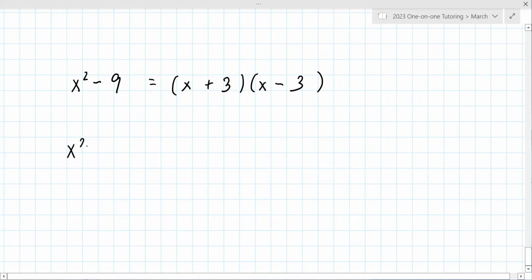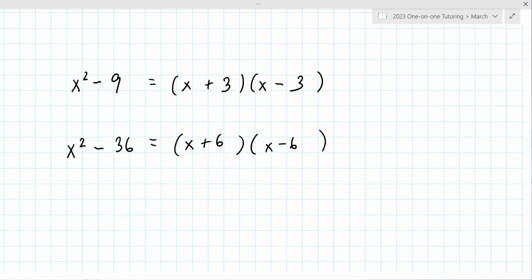How about x squared minus, I don't know, let's go 36. What goes in parentheses here? It'd be x plus 6 and x minus 6. All right, very good.